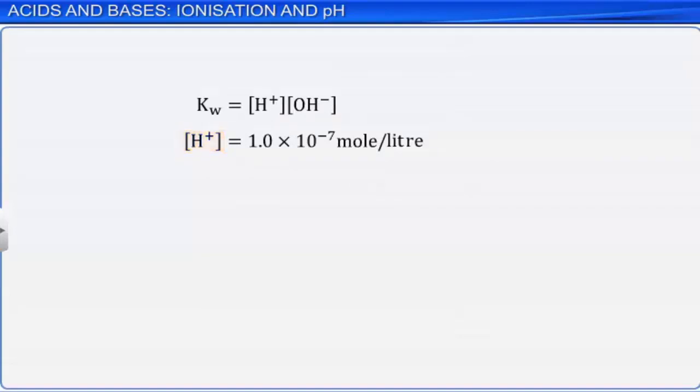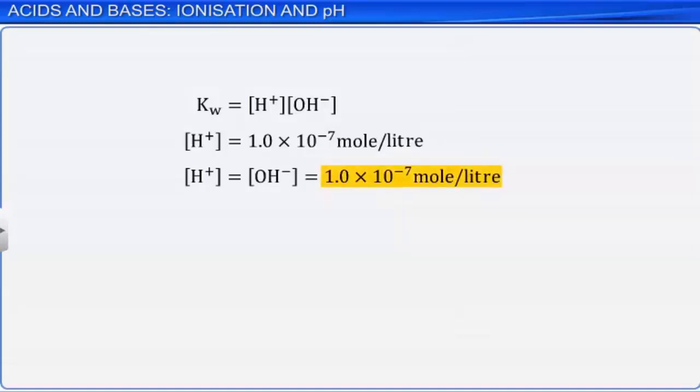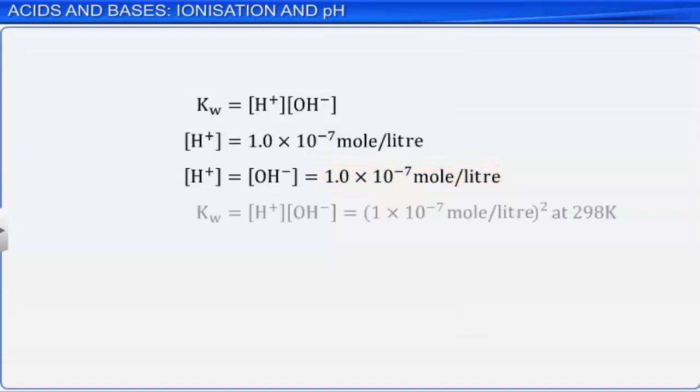Experimentally, the concentration of H+ ions at a temperature of 298 Kelvin was found to be 1.0 multiplied by 10 to the power of minus 7 moles per liter. The dissociation of water produces equal numbers of H+ and OH- ions, and hence the concentration of OH- would also be equal to 1.0 multiplied by 10 to the power of minus 7 moles per liter.